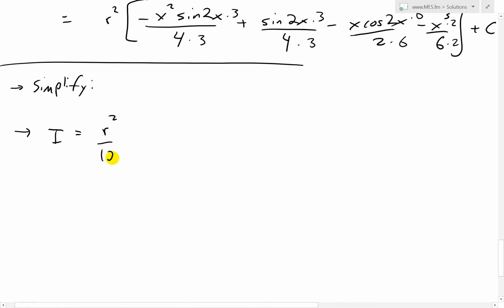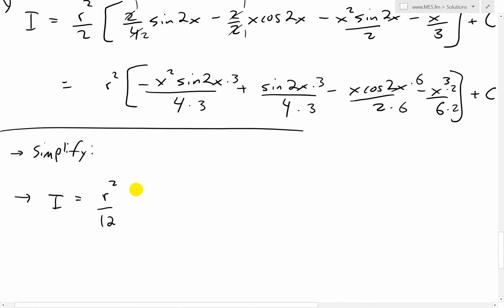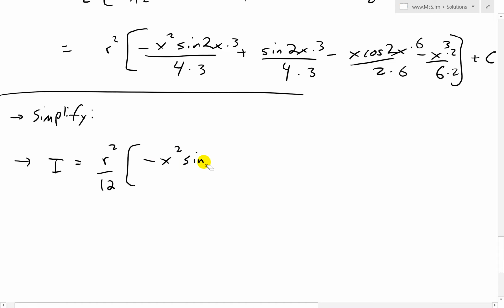So r squared over 12, let's put it like that. Now what we have is this negative x squared sine, well, there's going to be a 3 there. Let's put the 3 in front. Negative 3x squared sine 2x over, yeah, the 12's already taken care of. Let's write this a bit neater.